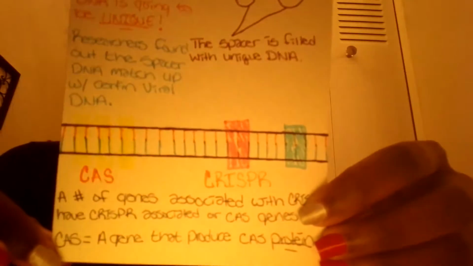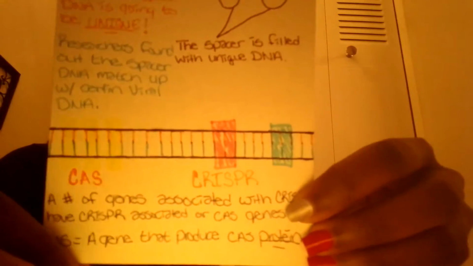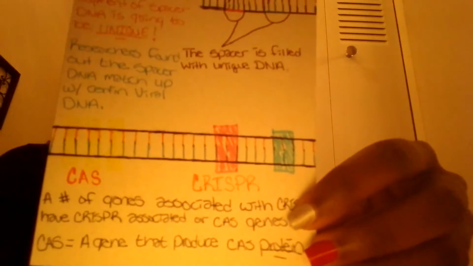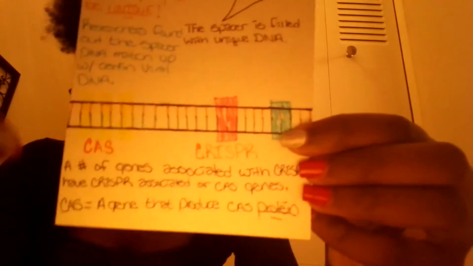Basically, Cas is a gene that produces Cas proteins. The Cas proteins include helicase, which unwinds the DNA, like zipping up, and nuclease, which cuts the DNA like scissors.